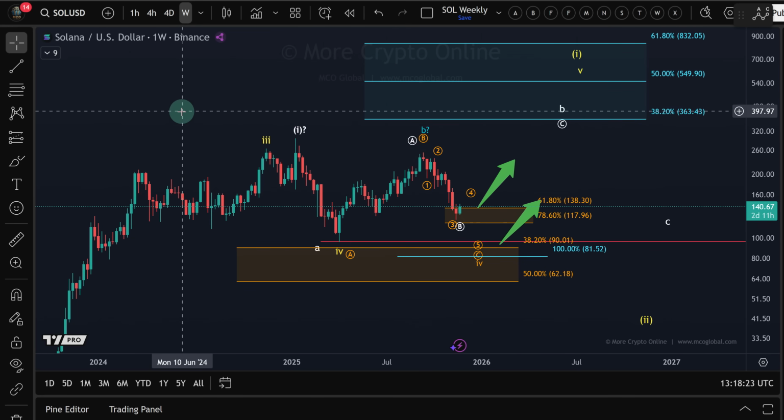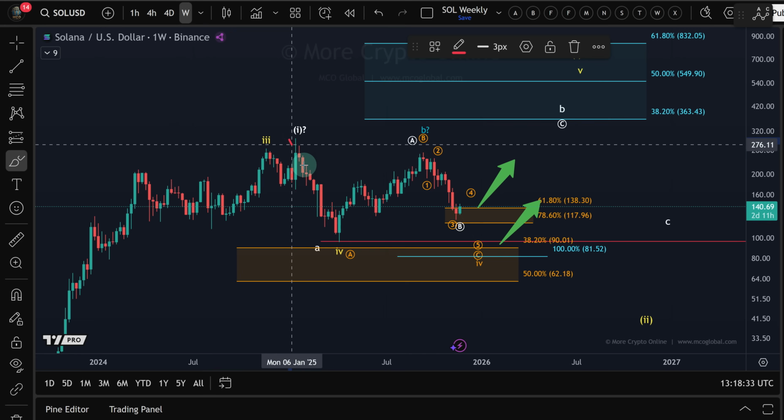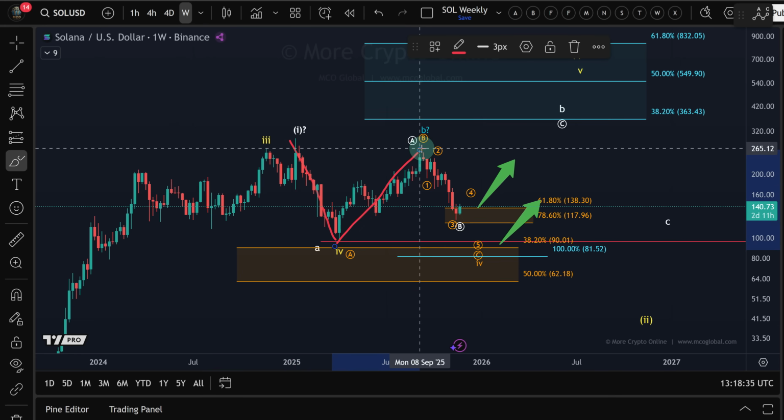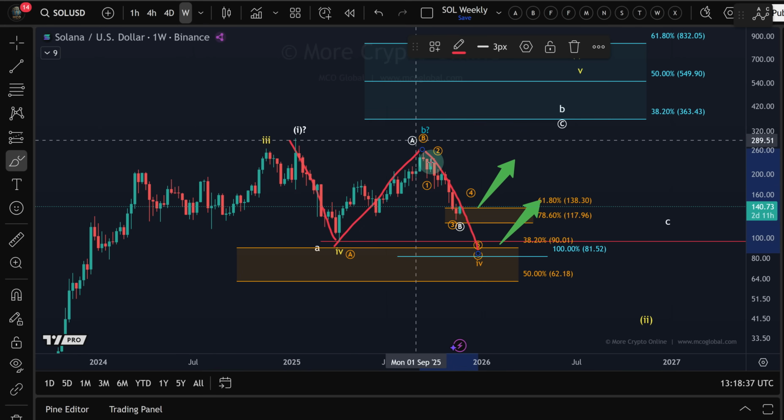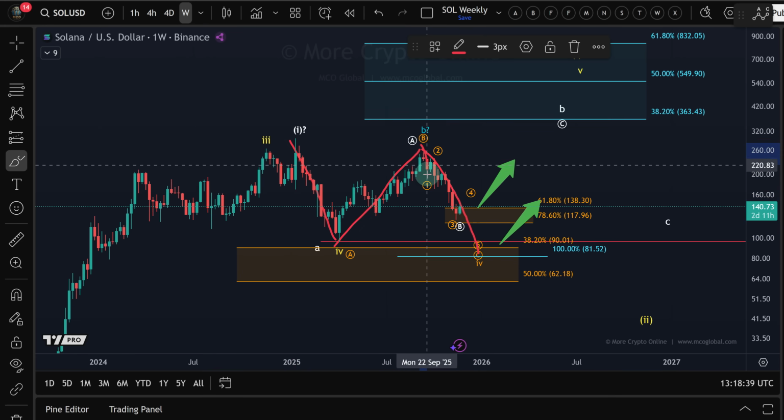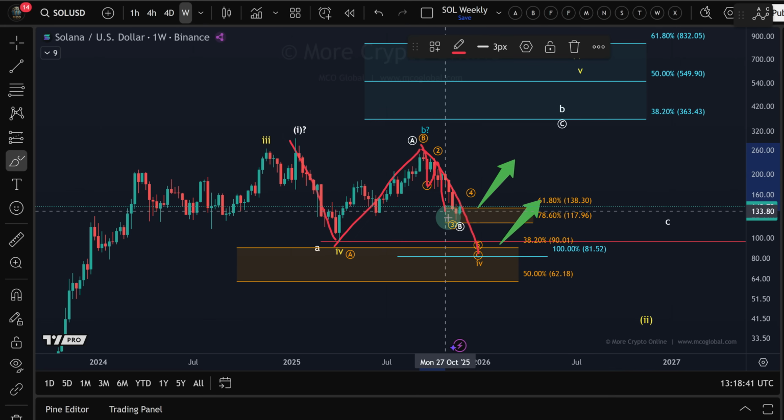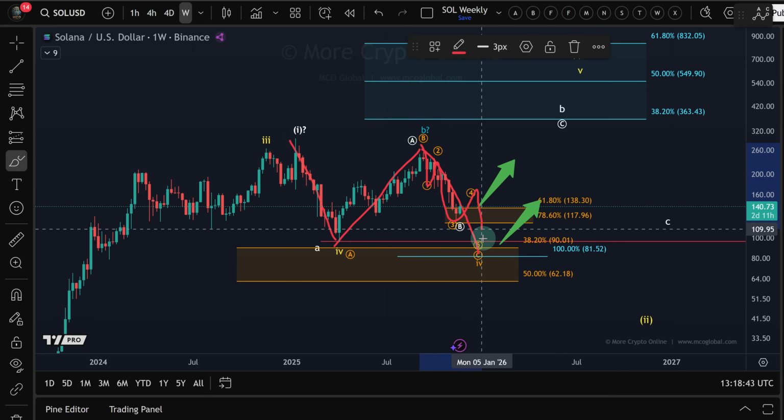So far, the scenarios we've been discussing over the last few weeks remain plausible, they remain valid. In the orange scenario, this can be seen as an A, B, C structure, and the C wave to the downside can be 1, 2, 3, 4, 5.